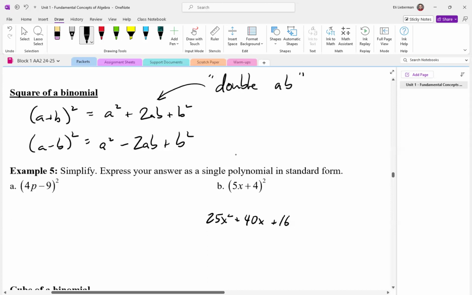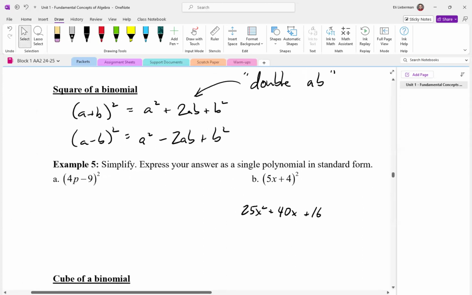Done with that problem. So for A, I know the first term is 16p squared. I know the last term is 81. Would you just check with your partner about that middle term? The middle term, check the difference. Minus 2.